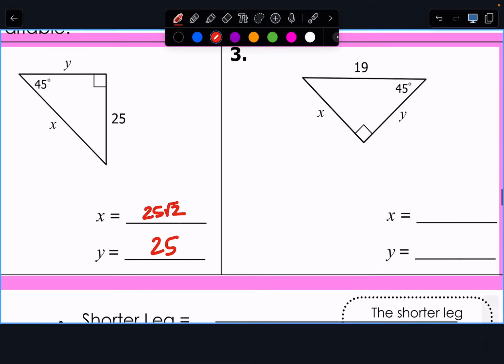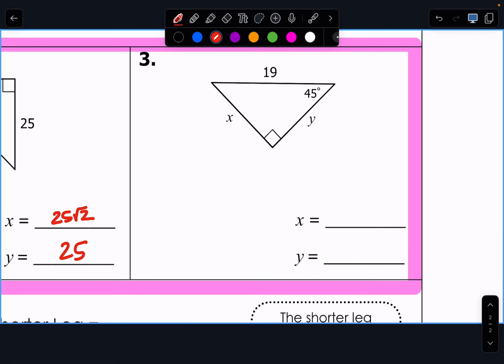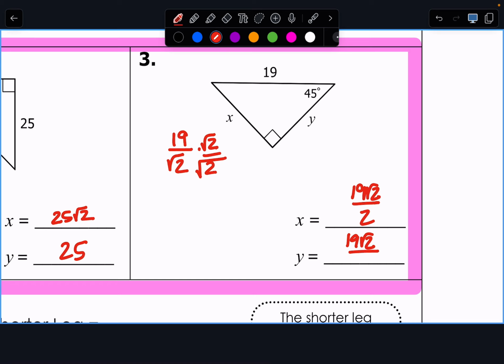All right. Avery, number 3. How would we do it? And can we leave it like that? Okay, so what's our answer? All right, do you agree with Avery? It's not just you, is it?